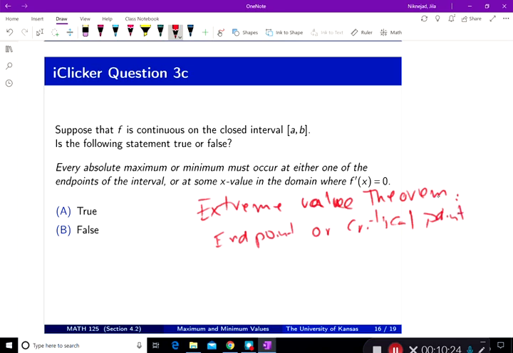And what are critical points? This one says either endpoints or points where f prime of x equals 0. But critical points could also be where f prime of x does not exist. So this is a false statement.